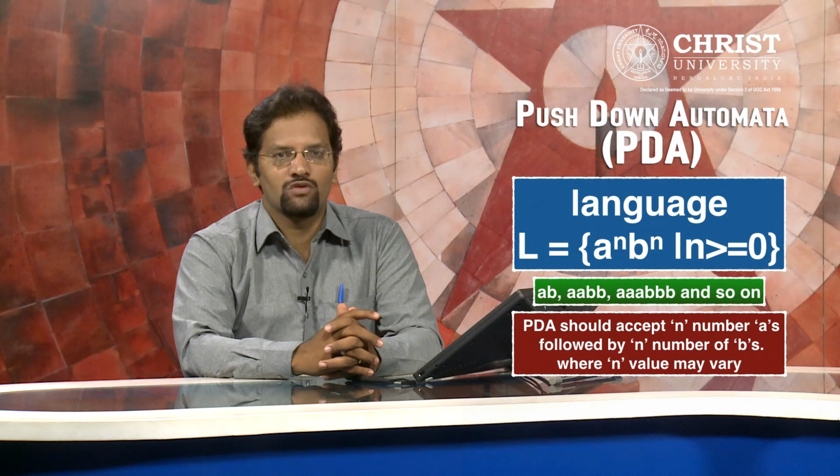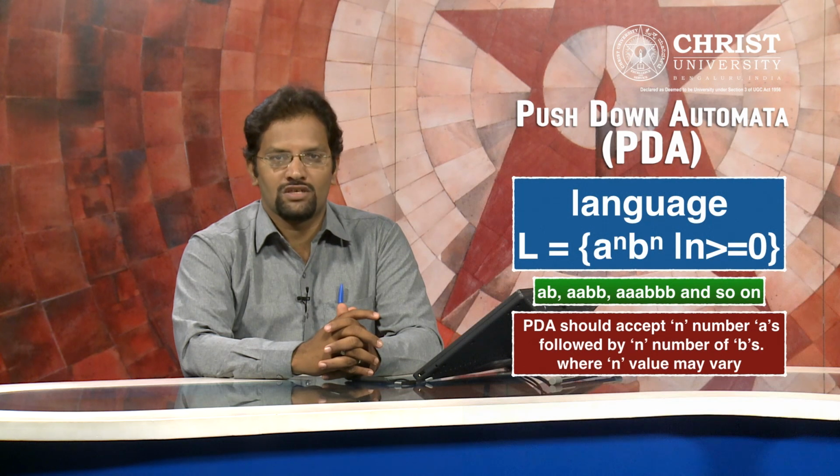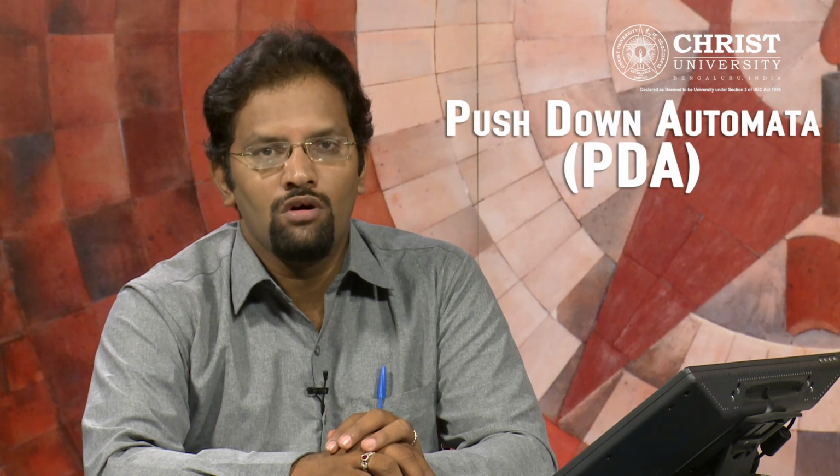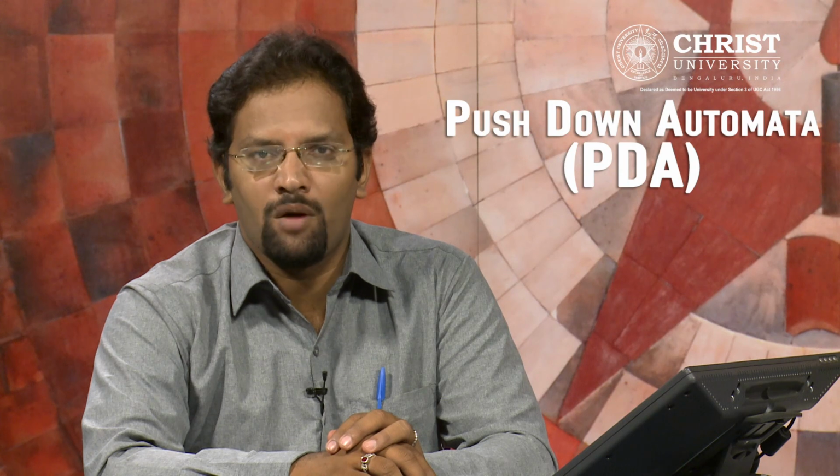As there is a stack to store symbols and the string has to start with a series of A's followed by a series of B's, when A's are scanned, they are pushed onto the stack, and when the first B is encountered, it means there are no more A's. Now, we have to start matching B against the stack top symbol A. So, when B is encountered, the symbol on the stack top, A, is popped.